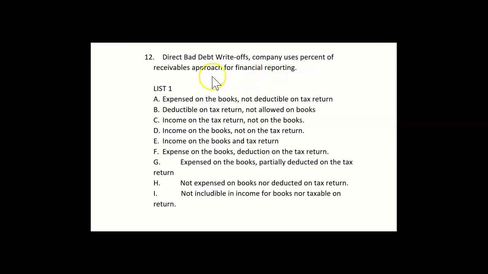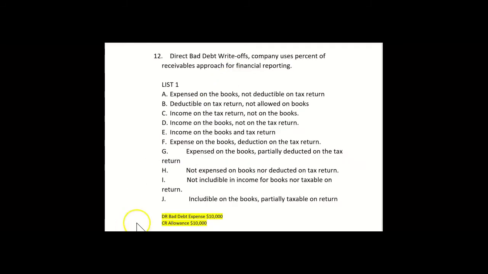Number 12, direct bad debt write-offs. The company uses the percent of receivables approach for financial reporting. Okay, so they had a direct write-off. For financial reporting, they use a percent of receivables, and that means every year they take a bad debt expense and match it against sales. So that's how they do it on the financial statements. When they have a direct bad debt write-off, they don't touch the income statement for that because it's already been estimated each year.